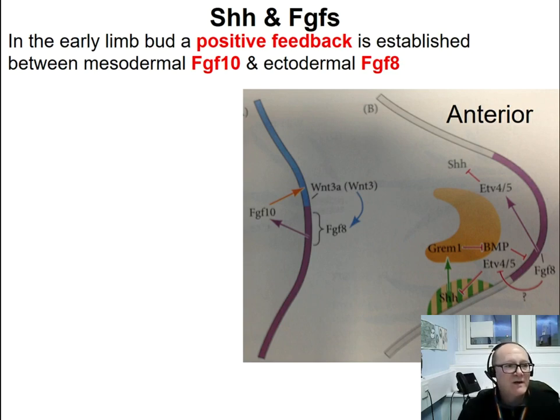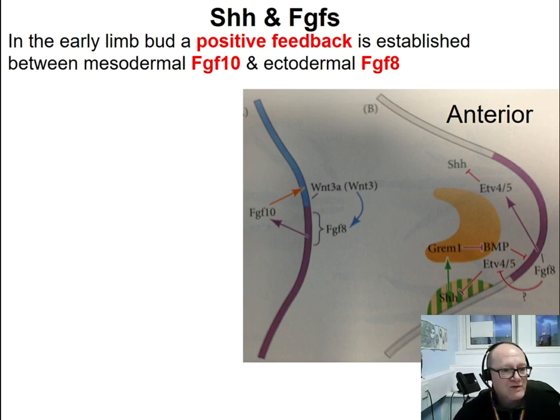In the very early limb, you remember we talked about establishing a positive feedback loop between FGF10 expressed in the mesoderm and FGF8 expressed in the ectoderm. So FGF10 and FGF8 connect the mesoderm and the ectoderm of the early developing embryo, promoting outgrowth.